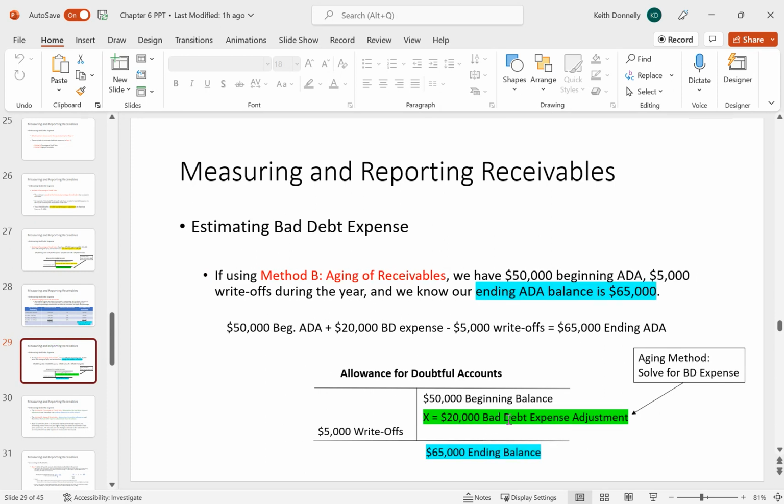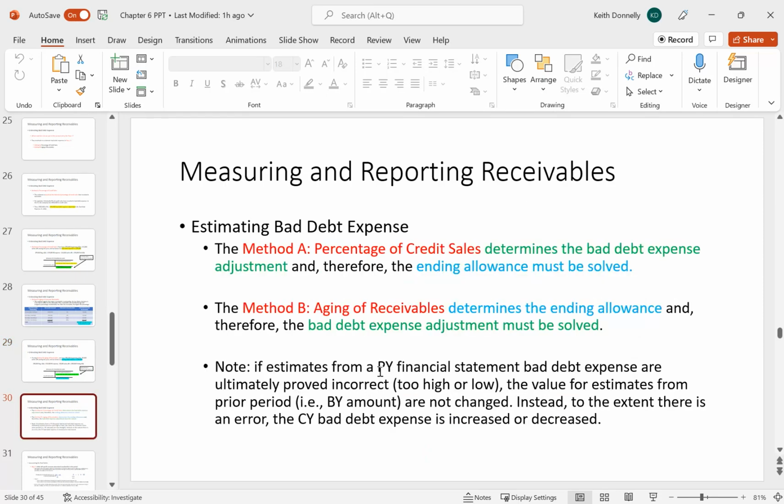Method B, solve for bad debt; you're actually calculating the ending. That's what this slide is showing you. Again, we're in step 1, making an estimate of bad debt expense: debit bad debt expense, credit allowance for doubtful accounts. Which method you use, A or B, tells you the numbers to put in that journal entry.